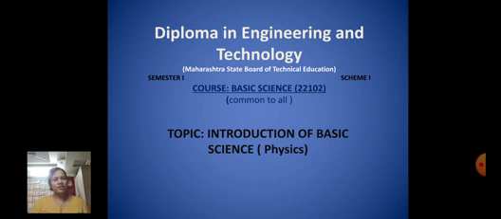Students, you know this word physics has been taken from the Greek word physis, which means nature, and physic means knowledge. So in short, we can say that physics is nothing but the knowledge of nature.